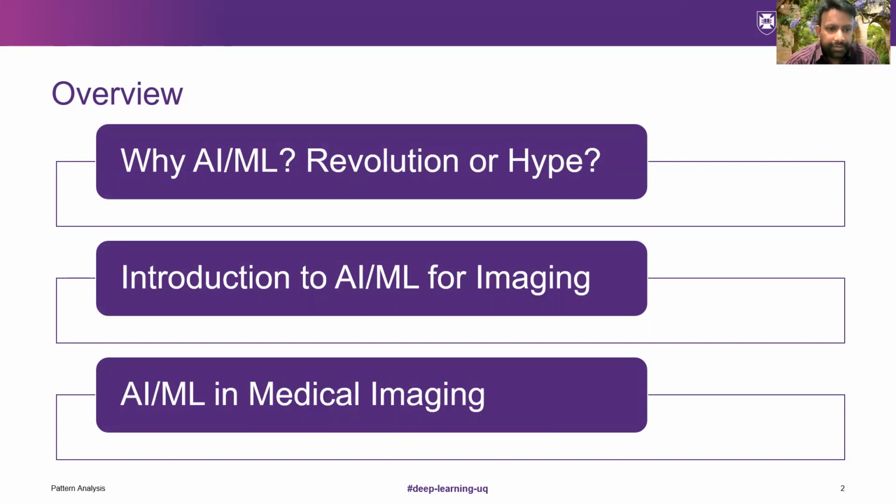The second part is just a quick introduction of how we use ML for imaging, especially with newer technologies such as deep learning. And then I'll get into the stuff that my team and I are currently doing here at UQ.